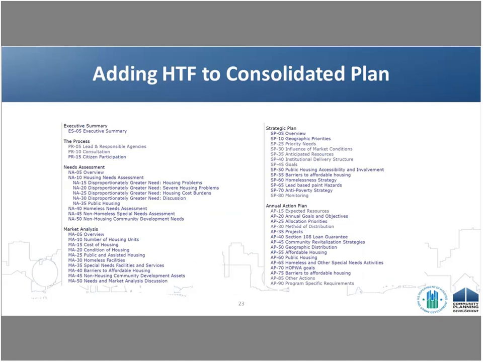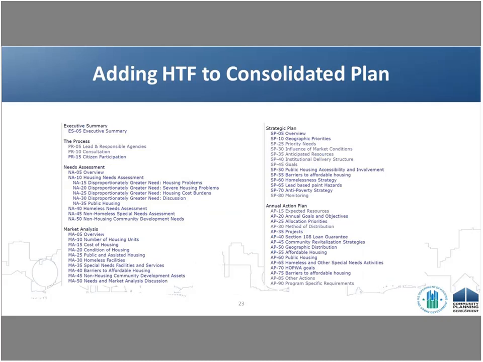And again, we'll move into IDIS in just a second, but I think the important thing to note in your consolidated plan is that your consolidated plan includes your year one action plan. So that program-specific requirements, those elements within the action plan that we were just discussing, those are all included in your consolidated plan for year one. Additionally, you'll need to complete the elements of your strategic plan to highlight the goals, the needs, your institutional delivery structure, the resources, and if applicable, any geographic target areas or priority areas that are related to your HTF program.